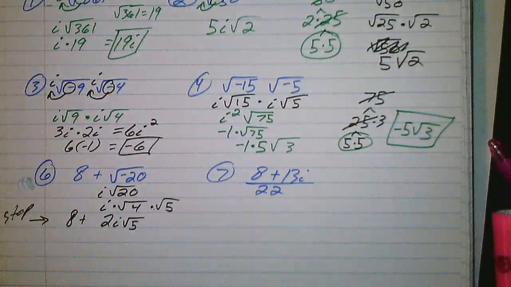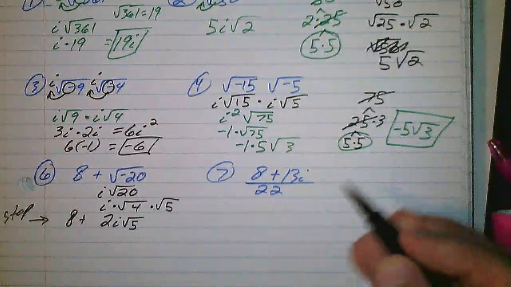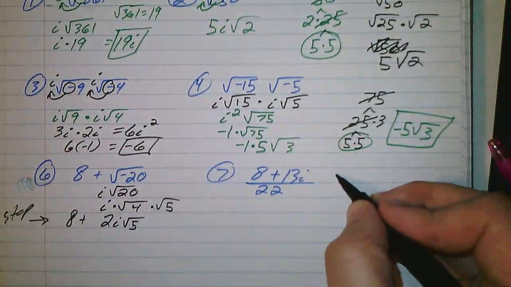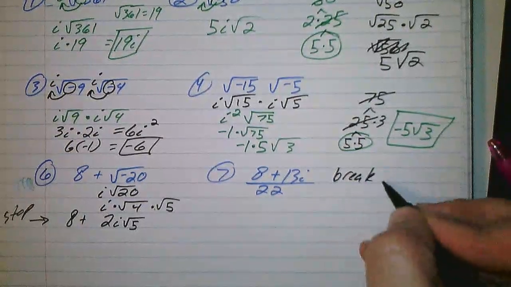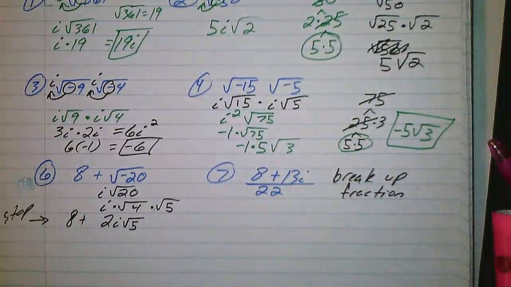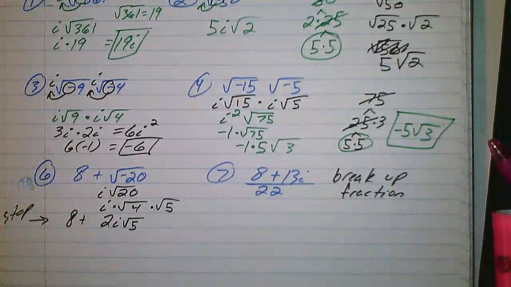And then number 7. 7's a good one. When we have a binomial, or any polynomial, in the numerator of a fraction, we can break up or split up the fraction. And it is not considered in simplified terms if part of your fraction will simplify. Just a quick aside here.